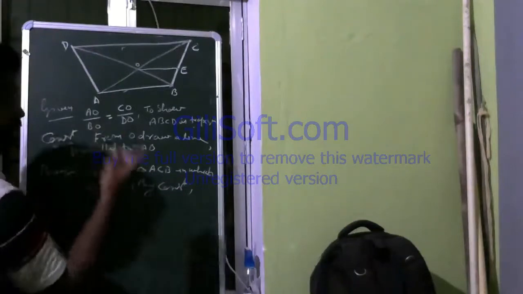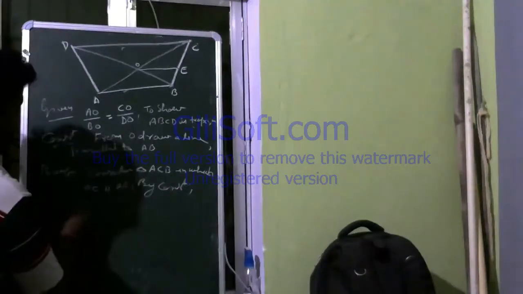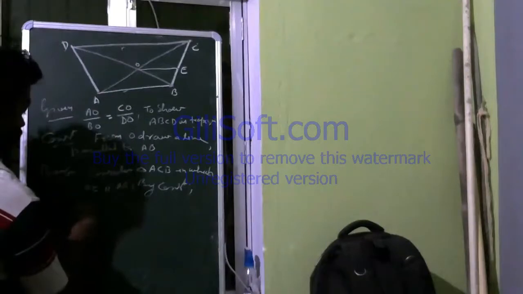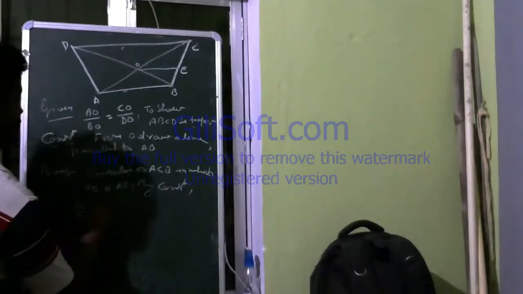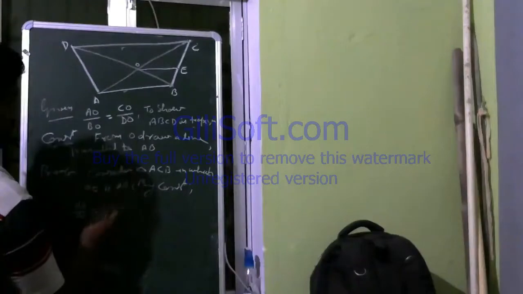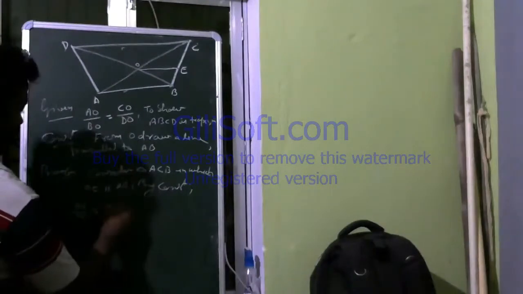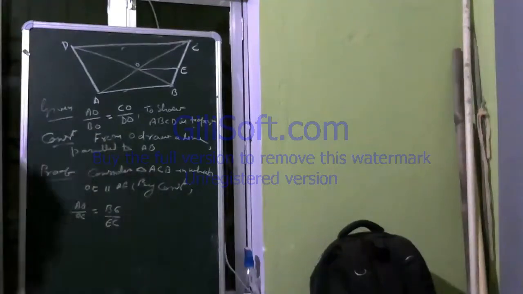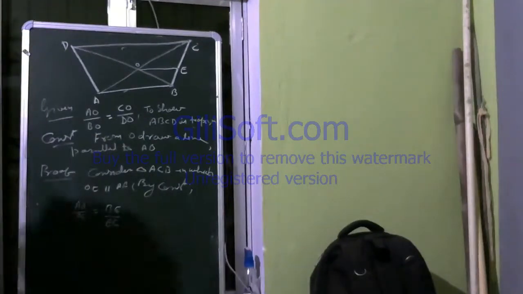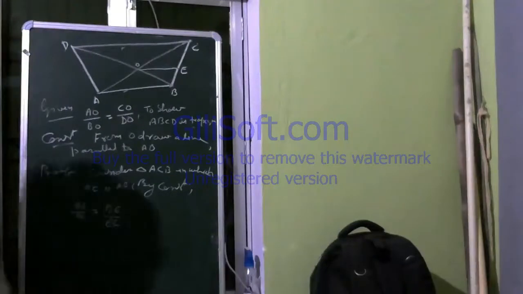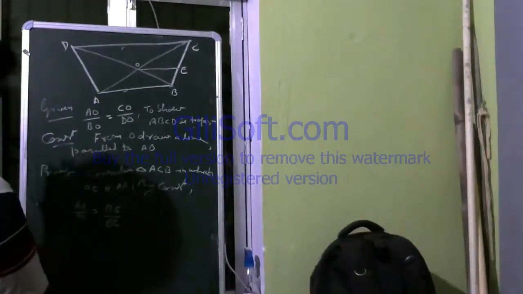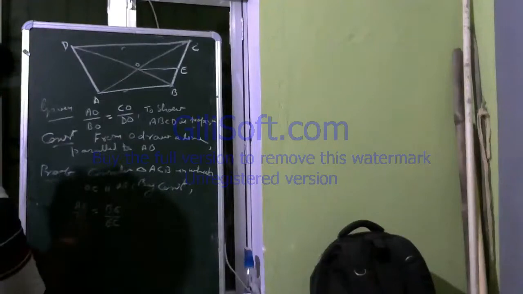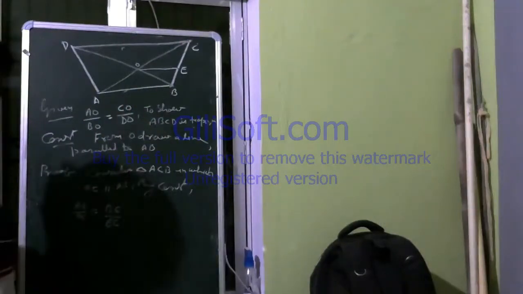Then if we apply the Thales theorem in this triangle, we will get AO by OC is equal to BE by EC. Now look here, AO by OC is equal to BE by EC because OE parallel to AB.